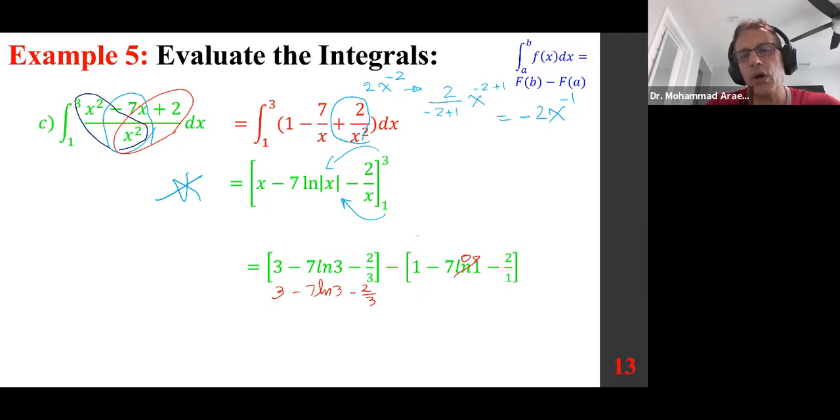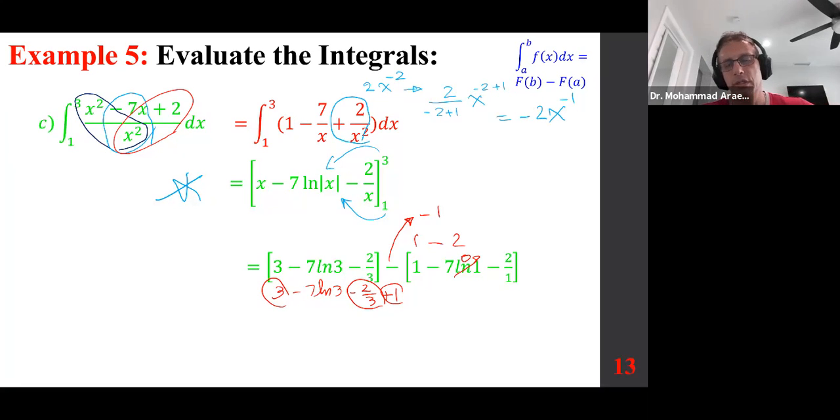Then we have 1 minus 2, which gives us negative 1, and that gives us positive 1. So we are looking at number 3, number 1, which is 4, minus 2/3, which is 10/3. I'm assuming we can easily add up numbers with a fraction.